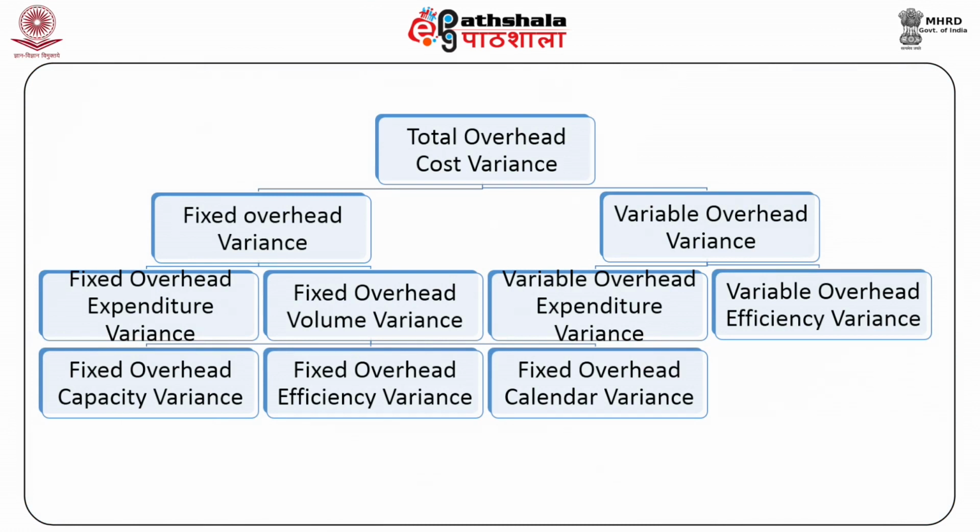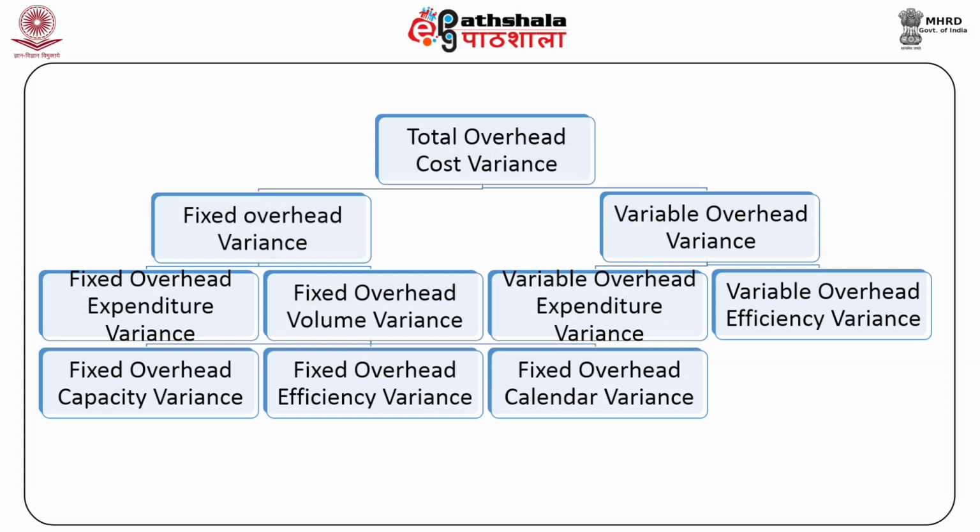Variable overhead cost variance measures the difference between absorbed variable overhead and actual variable overhead. The variable overhead cost variance is subdivided into variable overhead expenditure, spending, budget variance and variable overhead efficiency variance.